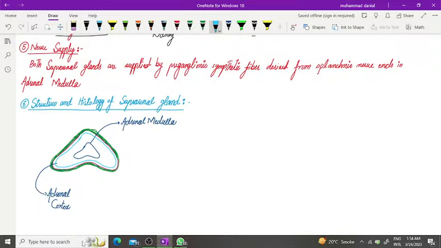The outermost region of adrenal cortex is the zona glomerulosa. These might be zones or regions.